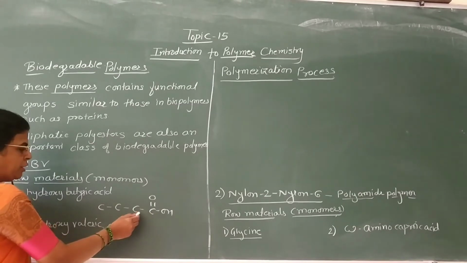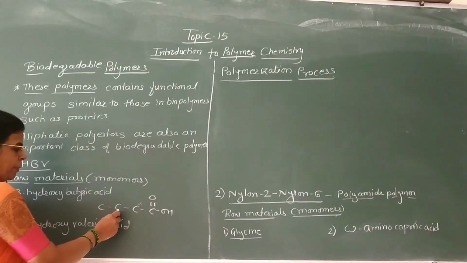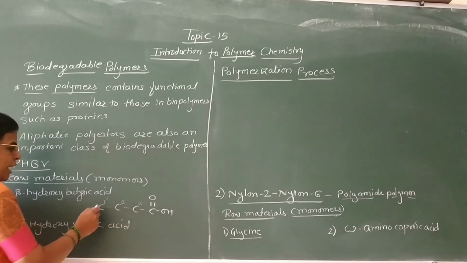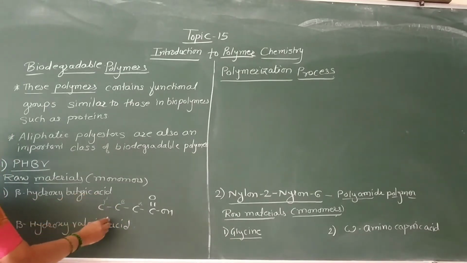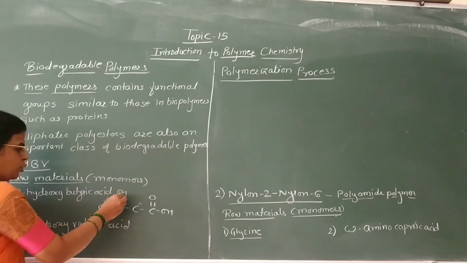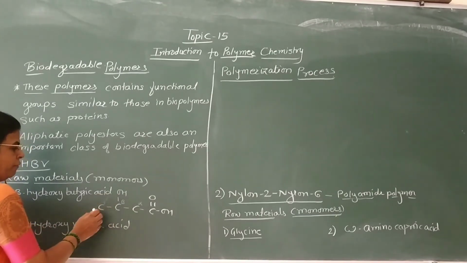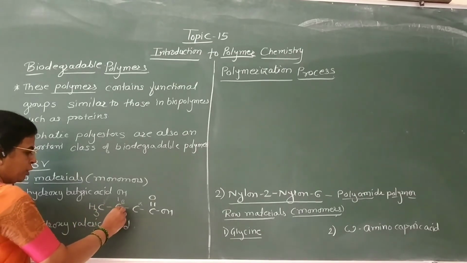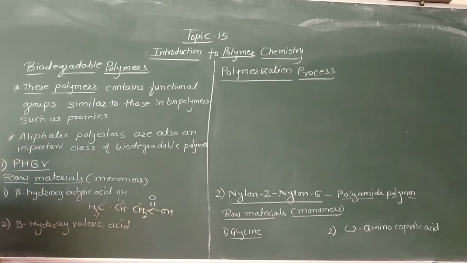The carbon atom bonded to the carbonyl group is the alpha carbon atom, the carbon atom bonded to the alpha carbon atom is beta, and next is gamma, etc. This is beta hydroxybutyric acid, that is, the OH group is attached to the beta carbon atom, and then satisfy the valency of each carbon atom: CH3, H, CH2, COOH. This is the structure of beta hydroxybutyric acid.